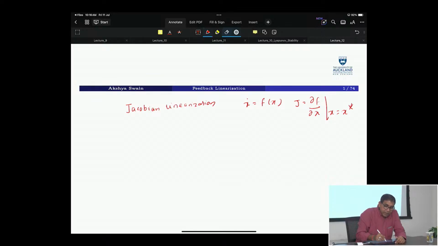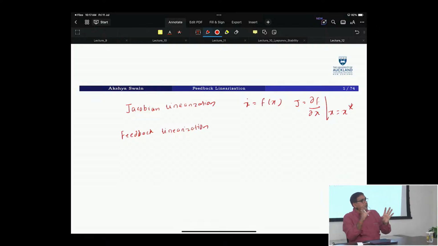There is another niche one, feedback linearization. It is completely different from the Jacobian linearization. Feedback linearization: if the system has some nonlinear element, the controller will completely remove that nonlinearity. Right?